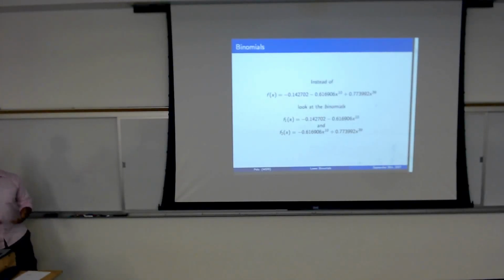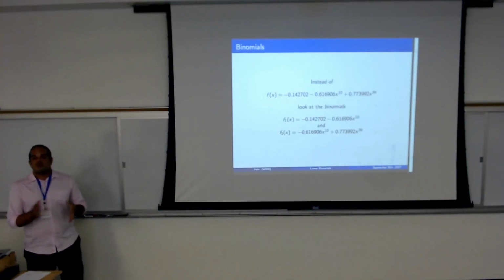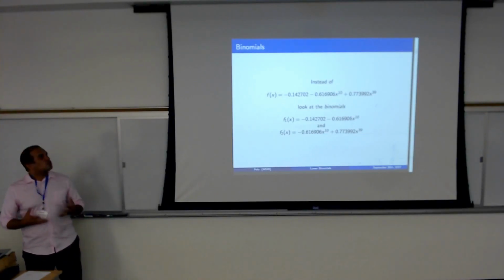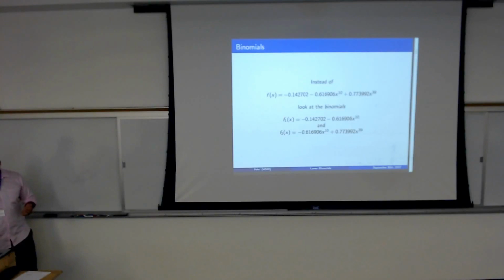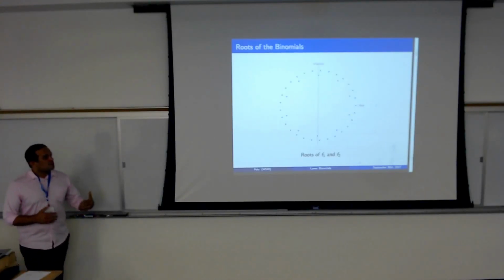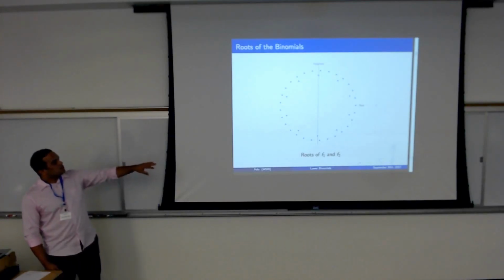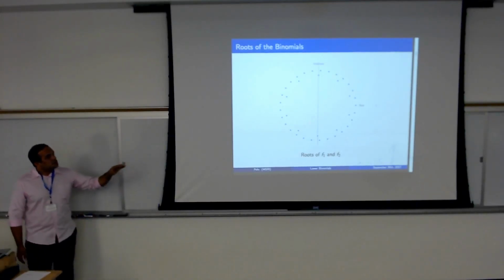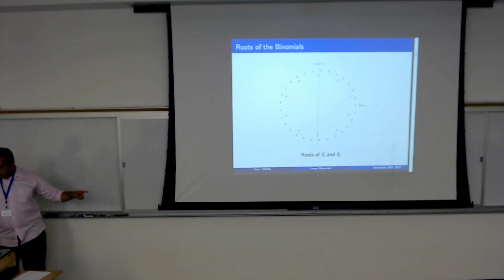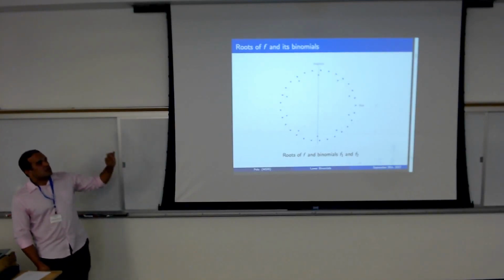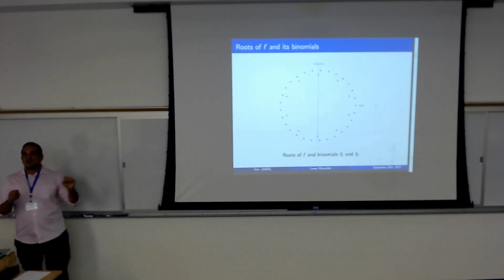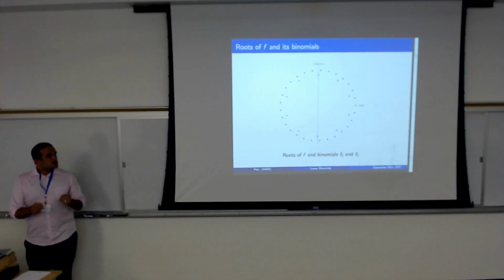Then a good idea is, instead of trying to solve for f, let's analyze what's going on with respect to these binomials associated to f. Let's go even further. If we plot all the roots of f1 and f2, and we plot the roots of f, which are the red points, you can see that these roots appear to be really close.